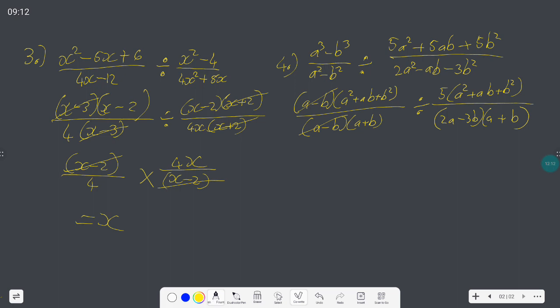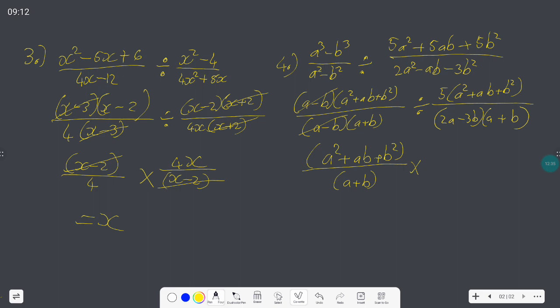Now from here, what do I know? If I divide, what happens to that last fraction? They swap. So usually we say it flips and dips. A squared plus ab plus b squared divides by a plus b.